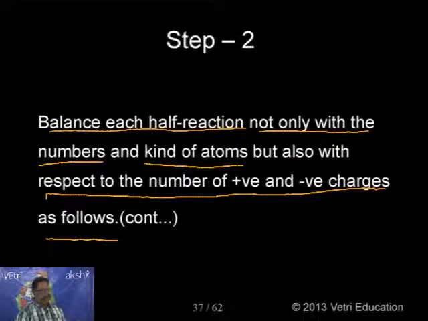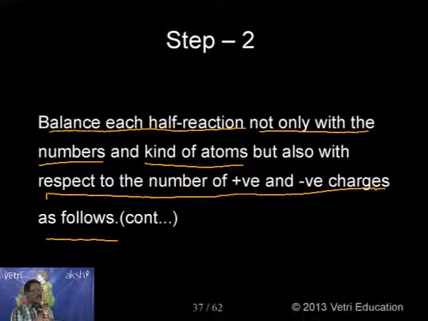This is the most important information. So step 2 gives very clearly that we have to balance each half, that is, one for the oxidizing agent, another for the reducing agent. We have to balance not only with the numbers, but also the kind of atoms, and then positive and negative charges also we have to balance.